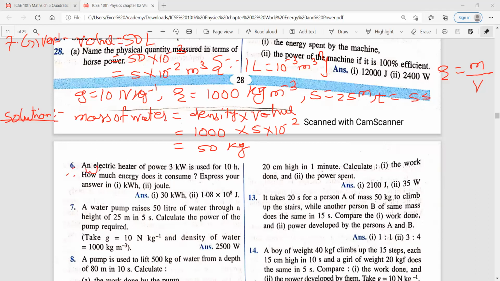So therefore, weight of water is equal to mg. Understood? That is 50 into 10. That is 500 Newton. That is the weight.